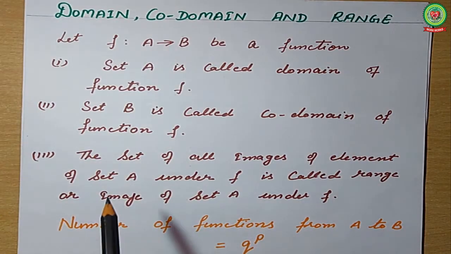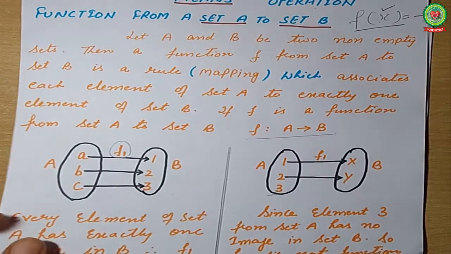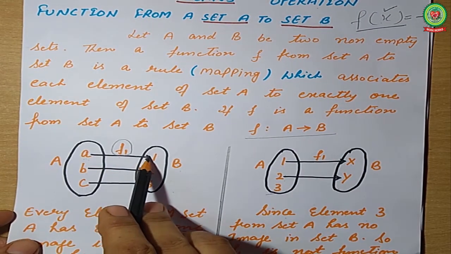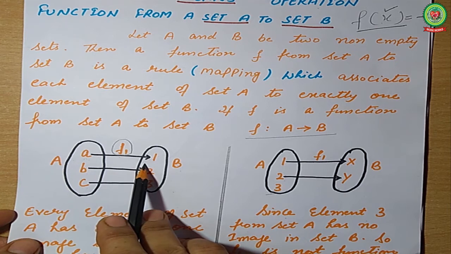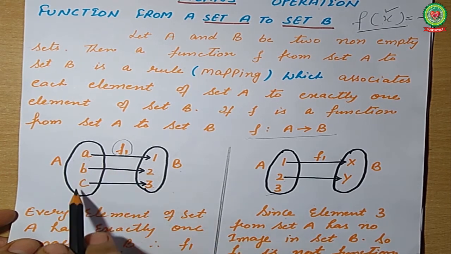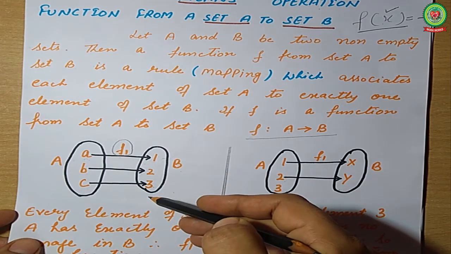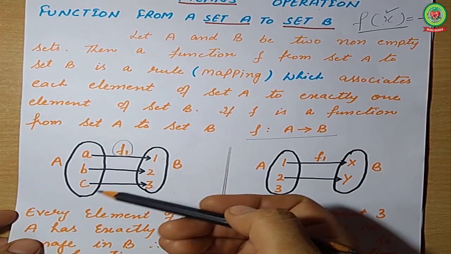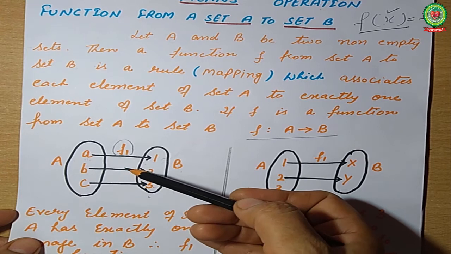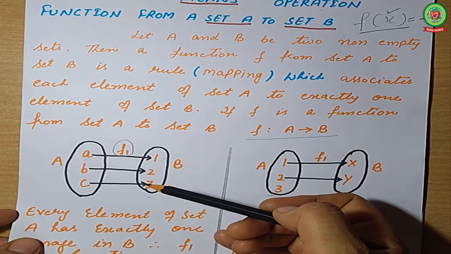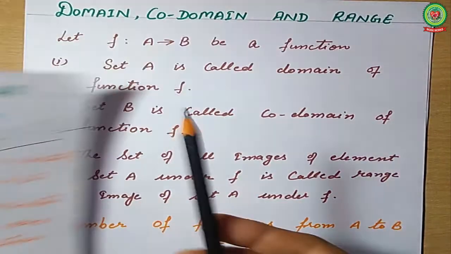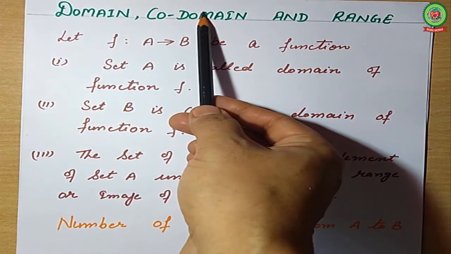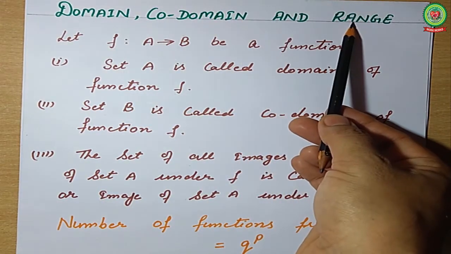Now, set A and set B and the rule which we apply here have some names, which are the domain, codomain and range.